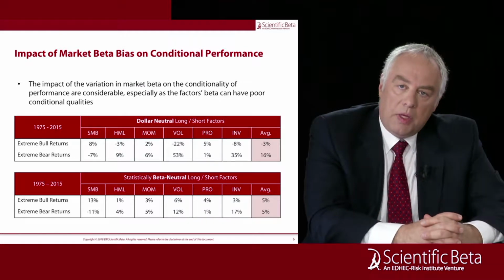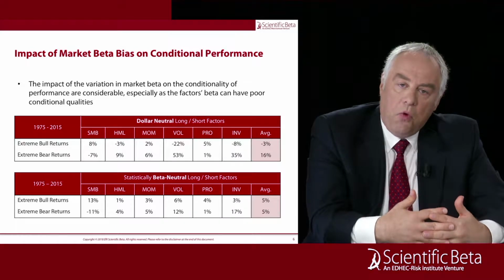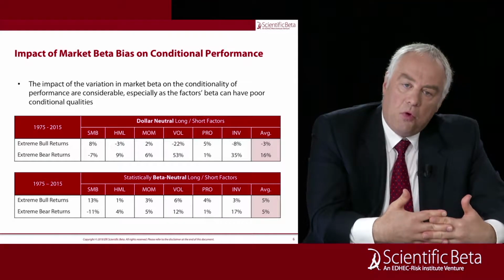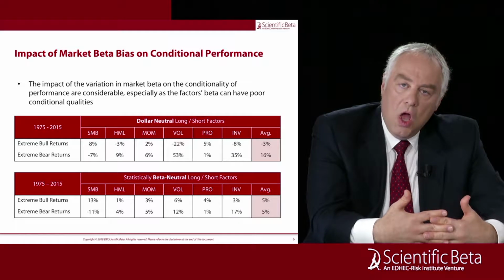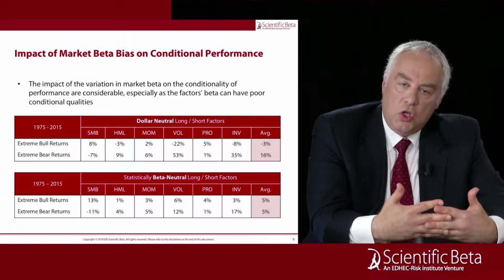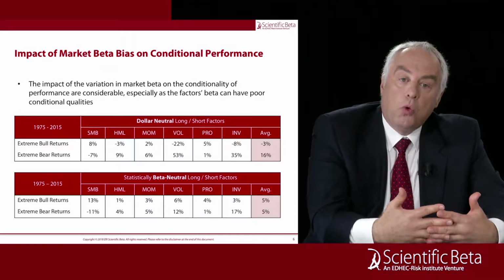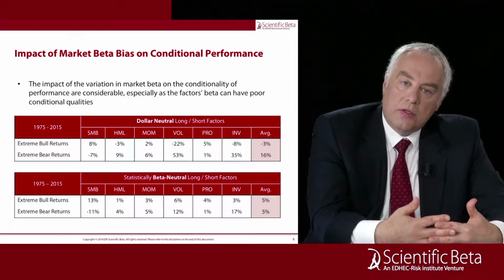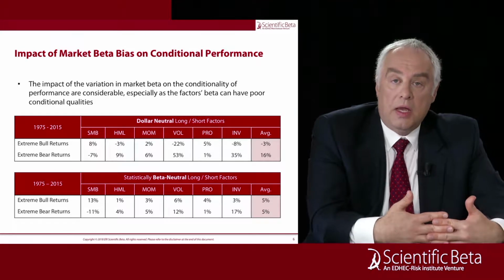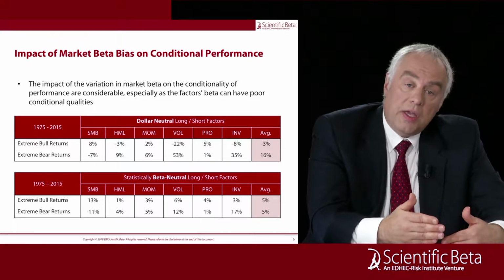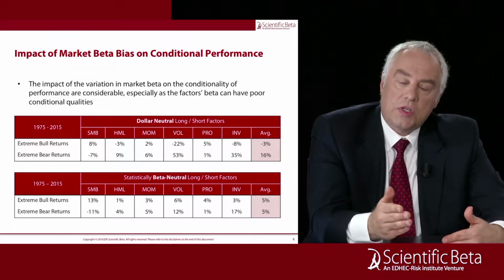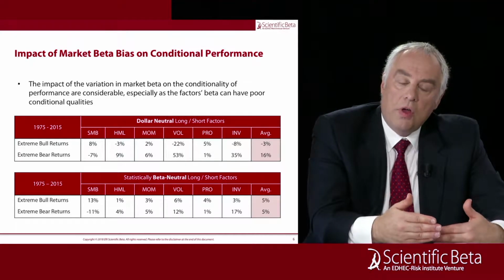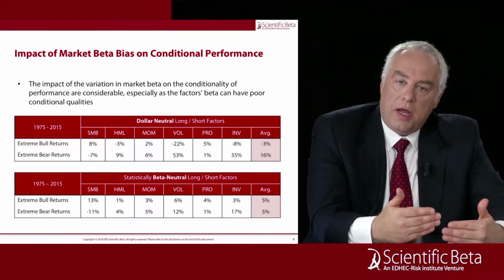So in this table here, again, we summarize the performance, but this time splitting up the performance in bull and bear markets. We use some quite long-term US data spanning 40 years. Again, we look at the performance of individual factors in bull markets and in bear markets, and we can see that there is a considerable difference across each factor in terms of the performance in a bull market and in a bear market.